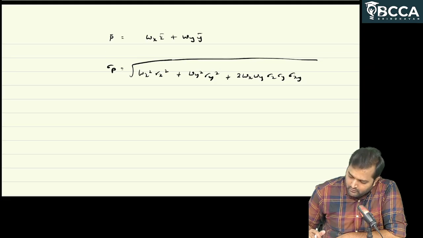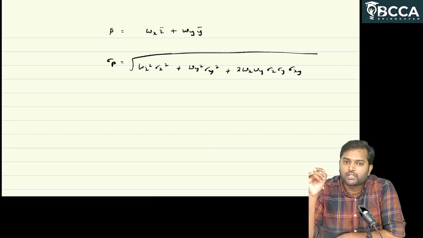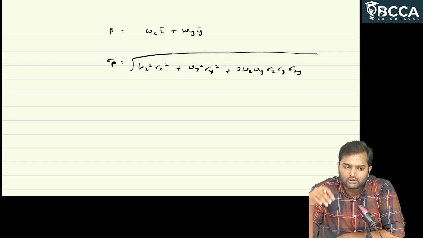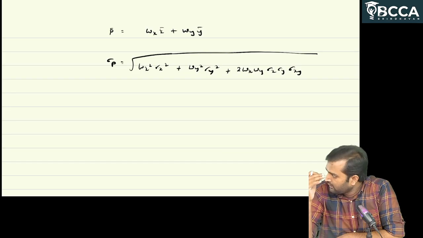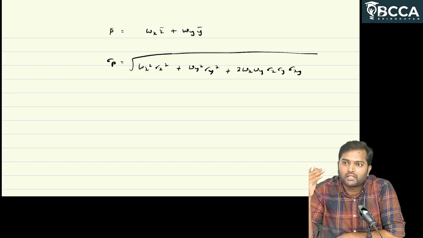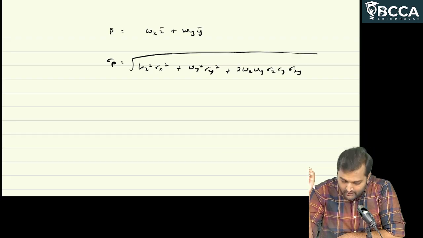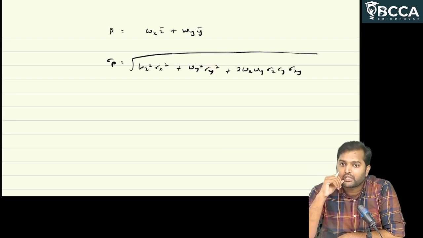For example, if sigma xy is equal to 1, then that formula will be equal to a square plus b square plus 2ab. If sigma xy is equal to minus 1, then that would be similar to a square plus b square minus 2ab.